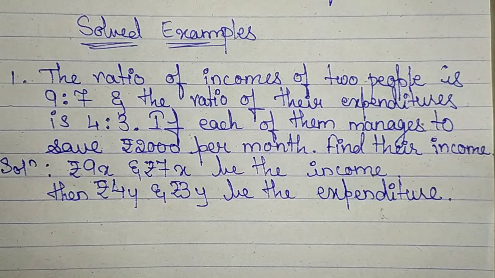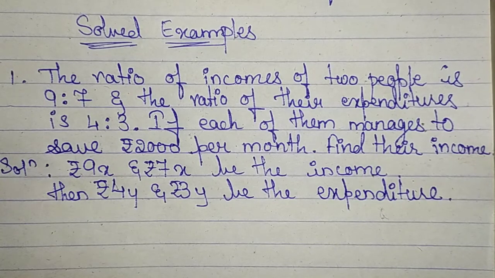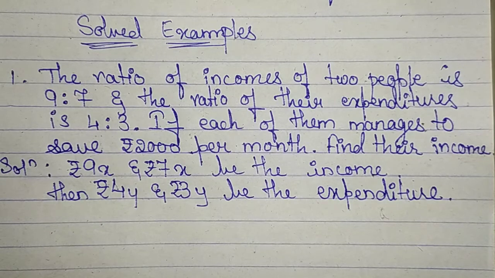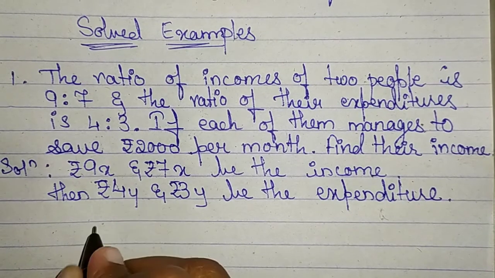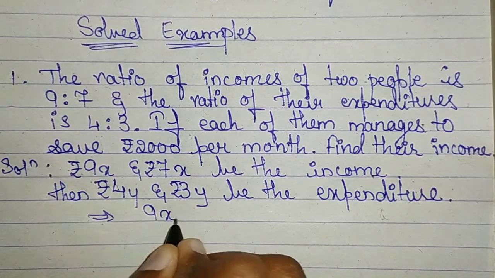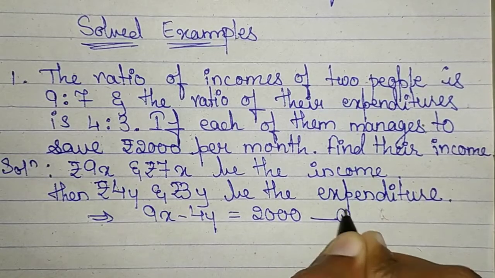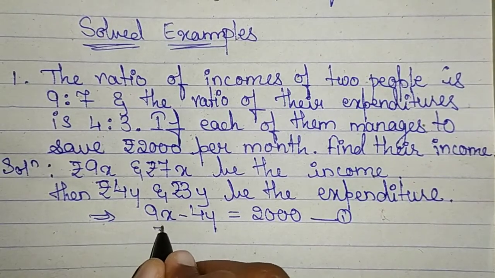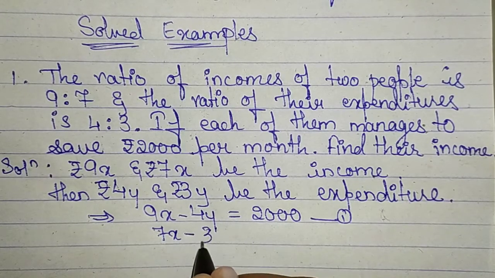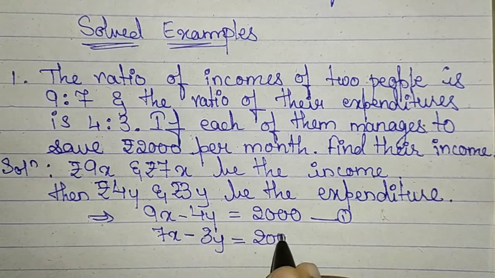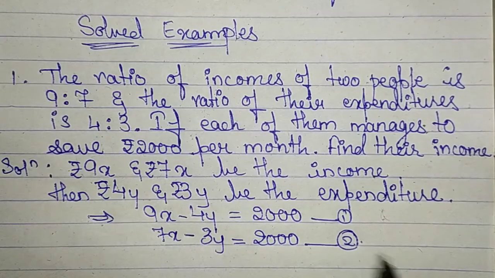After they get, say, 9x rupees, they spend 4y from that, and the remaining, both people manage to save exactly rupees 2000. So savings is always income minus expenditure. So this implies 9x minus 4y is equal to 2000, the first equation, and similarly 7x minus 3y is equal to 2000, because both of them managed to save rupees 2000.